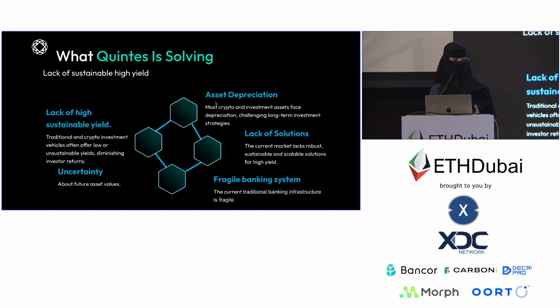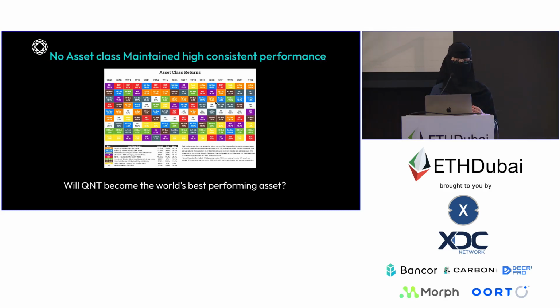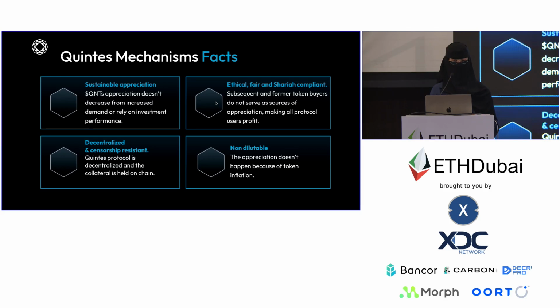The other problem is the lack of sustainable yield. No financial instrument can provide this yield in a sustainable, ethical, scalable way. As mentioned, when we observe asset classes historically, no asset performed at the same rate and continued the same performance.